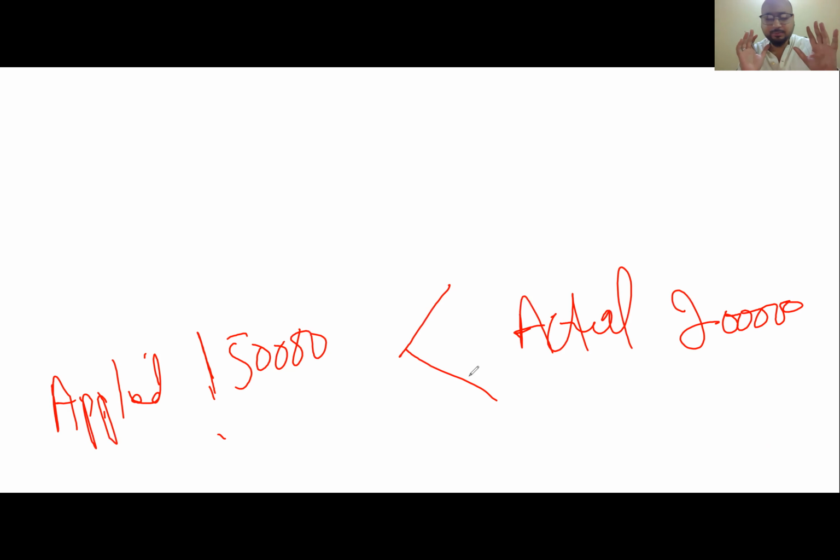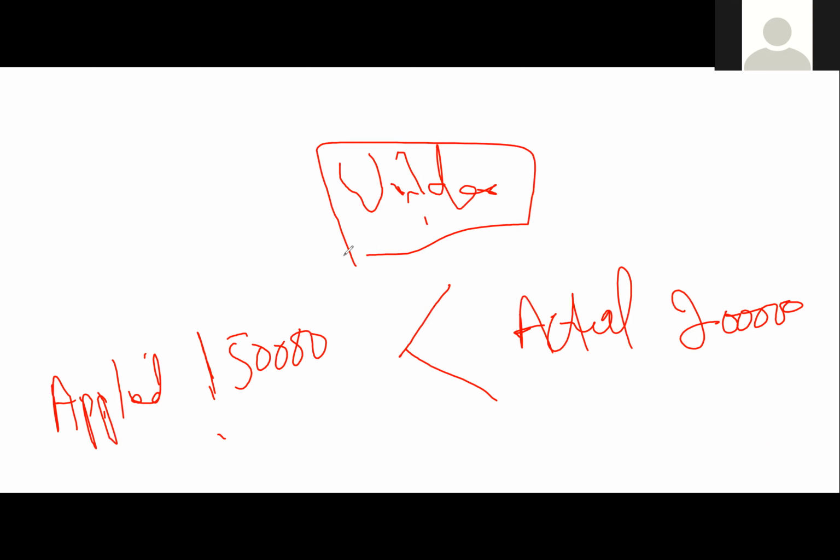It means our forecasting is bad. Understand? We could not estimate it, we could not forecast the real data. Something happened, and what happened? Our actual increased. So we underestimated. In this case, we underestimated. So we call this concept under-applied.